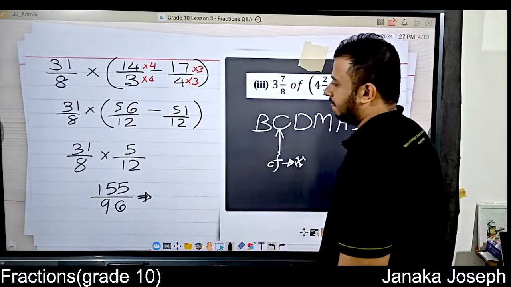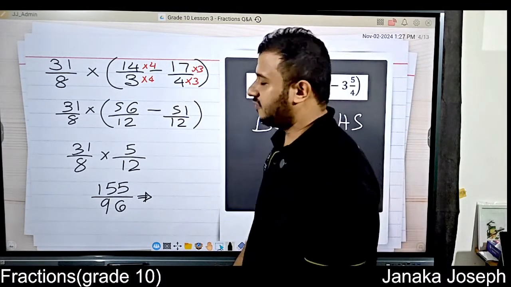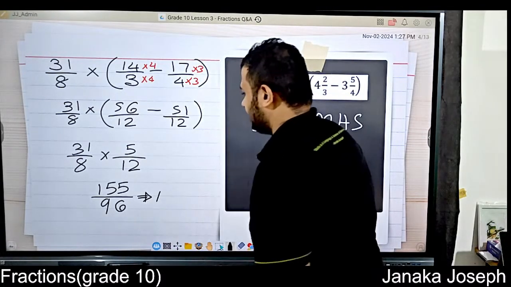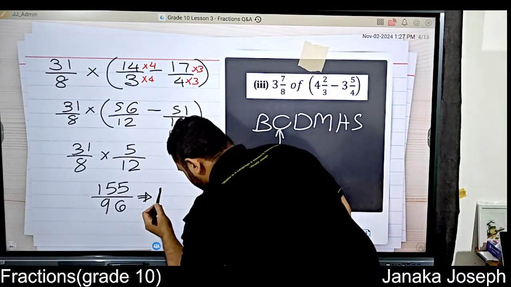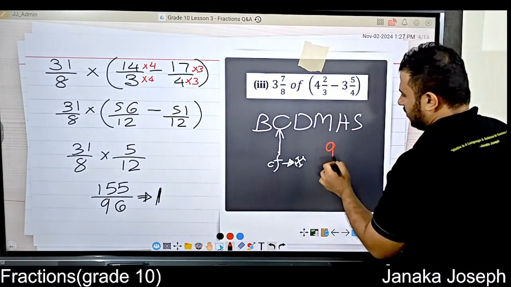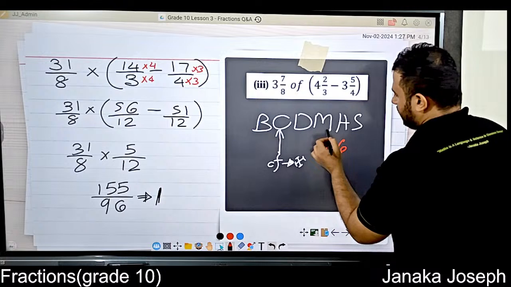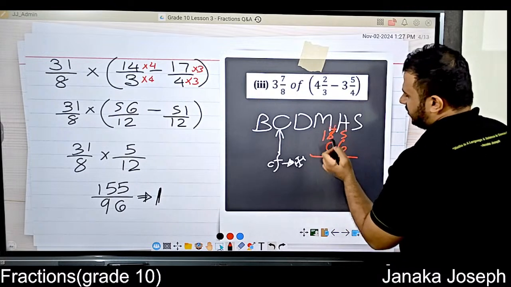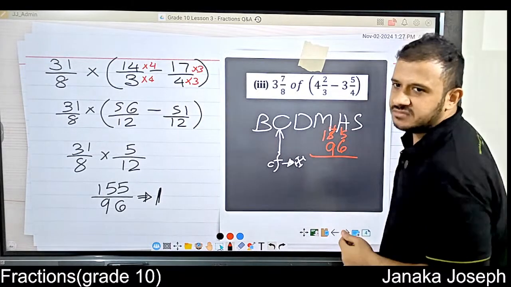How many 96s can go into 155? Definitely only just a 1. Then how much is left? Let's quickly do it. 96, 155. If I take away 6, can't do it. Whenever you can't think about it, don't waste your time. Just quickly get it done.